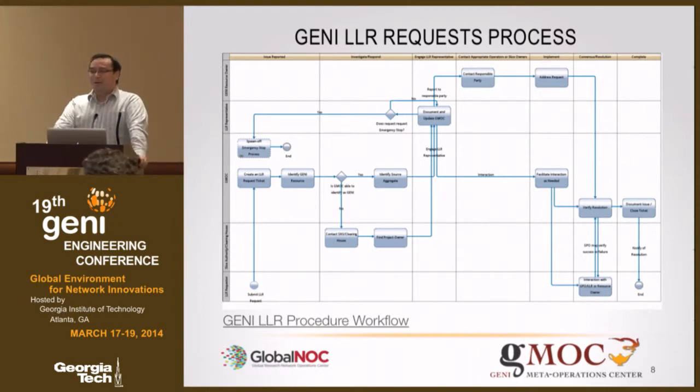Hopefully the process will help them not take an entire rack, but simply go to the particular slice owner or the project owner and deal with those requests on a more targeted basis.